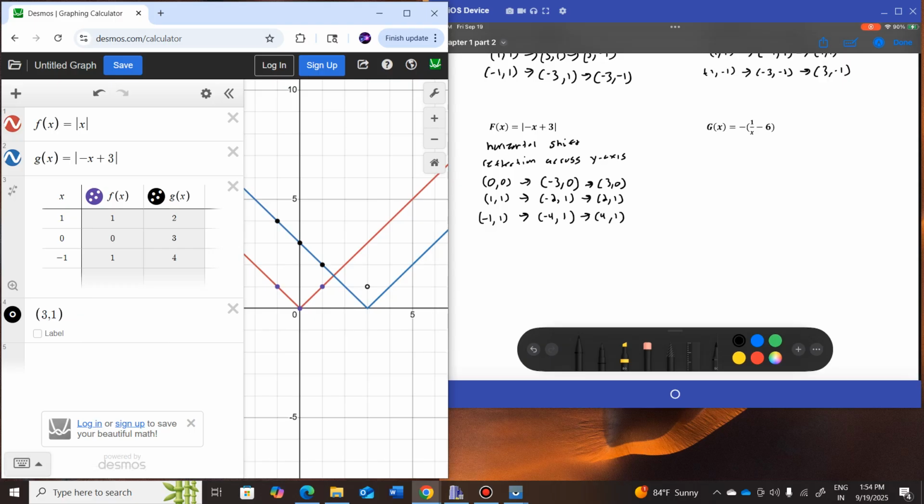Right, so (0, 0), I'm going to get rid of this right now. (0, 0) goes to (3, 0). (1, 1) has now gone to (2, 1). Okay, and now it looks like (-1, -1) went to (4, 1), but remember it's shifted the other way, then reflected across. So they kind of ended up on the other side. The symmetry of this kind of flips those 2 points.